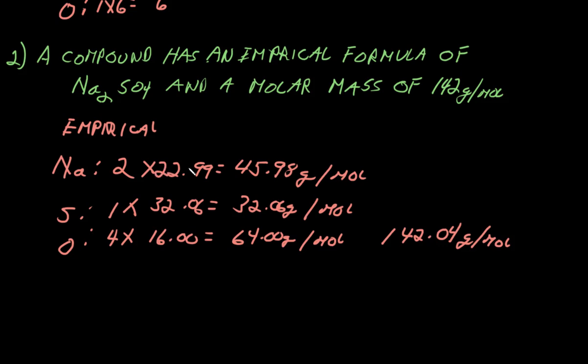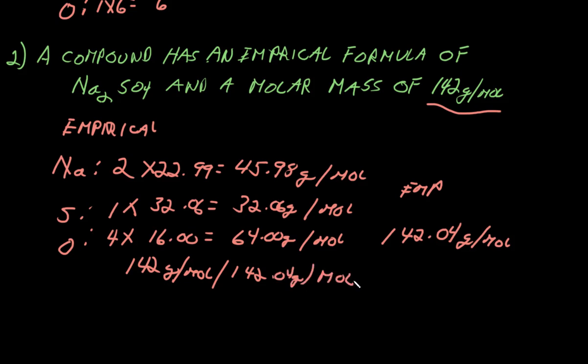So lo and behold, if we look here, here's our empirical. So this is our empirical. And if we look up here, our molar mass is also 142 grams. So if we divide, again, the molecular, 142 grams per mole, divided by the empirical, 142.04 grams per mole, you can pretty readily see that this is going to come out to 1.